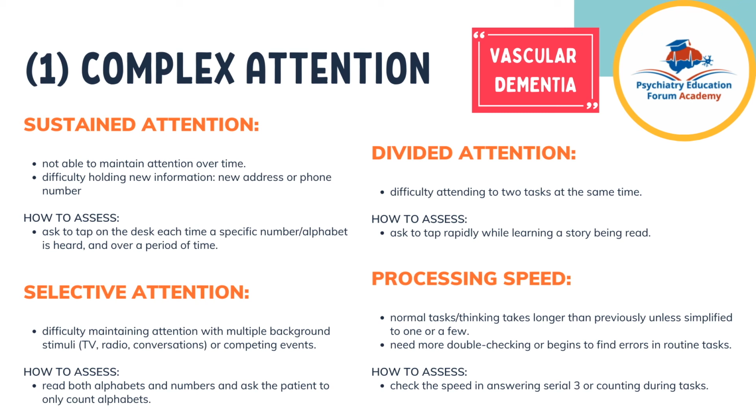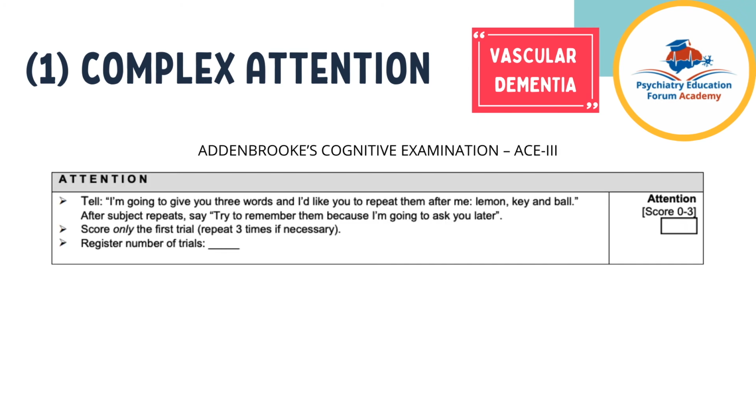The scale that I use and prefer, which is available for free with no copyright issues, is the Addenbrooke's Cognitive Examination 3, ACE-3. They check attention in 3 sections. The first is the orientation, which I have not included here. In orientation, you ask how oriented they are to time, place, person, location, and those things. But the second is this one.